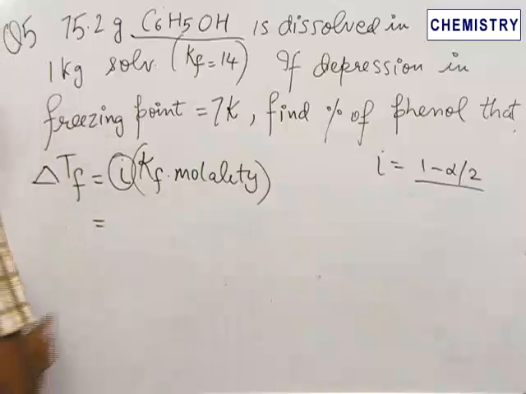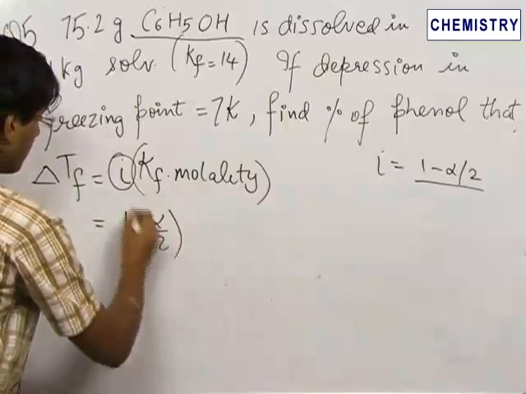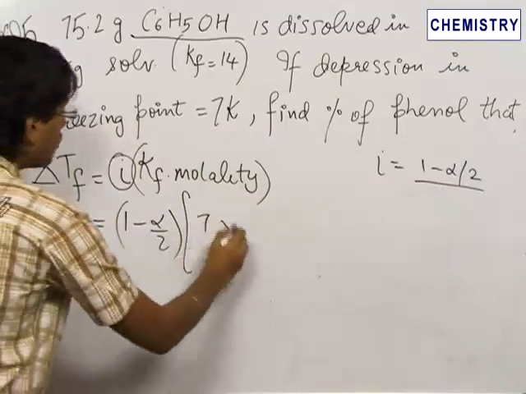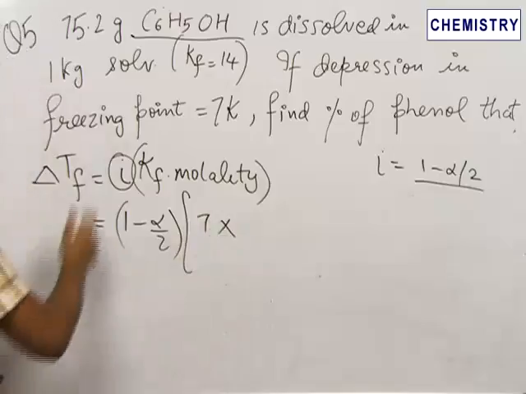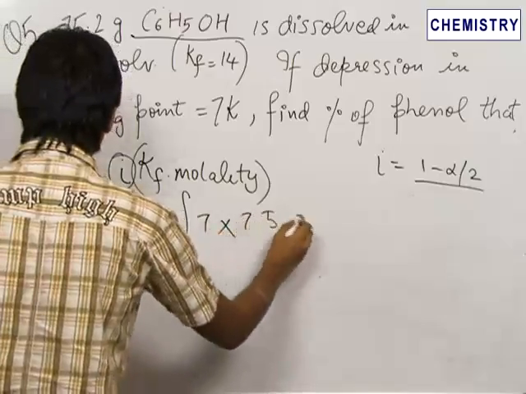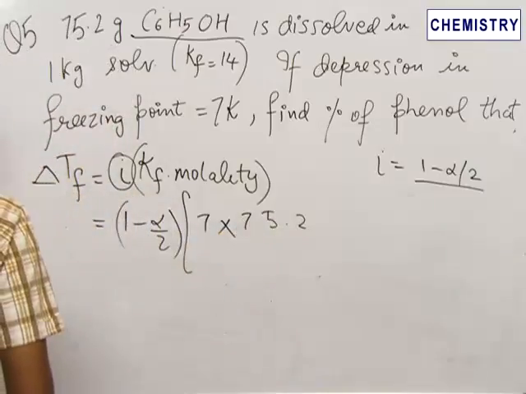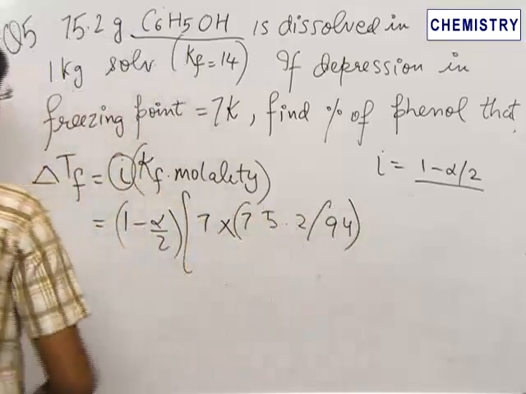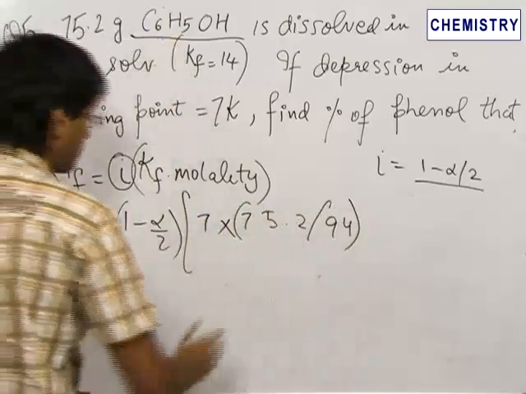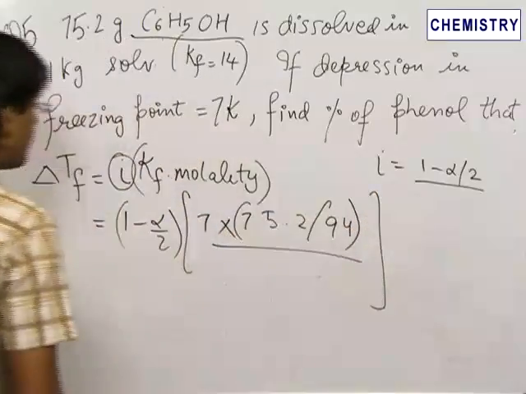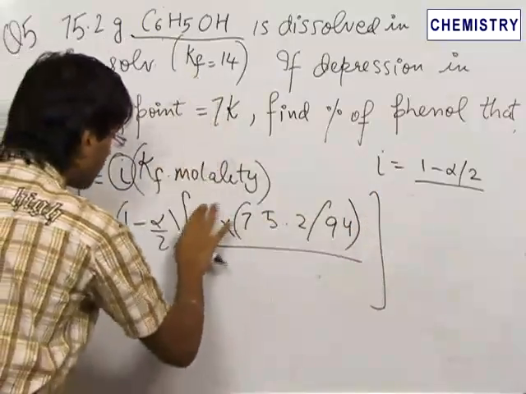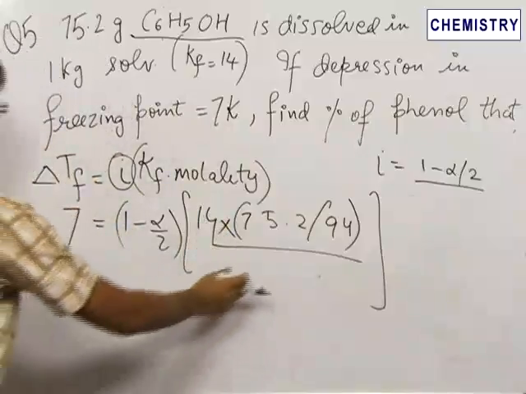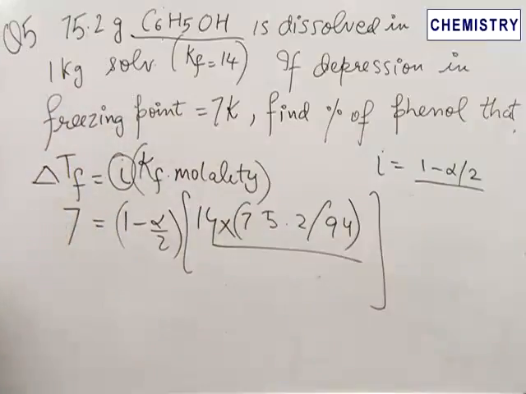This I is 1 minus alpha by 2, into Kf, which is given to be equal to 14, into molality, which is equal to moles of solute, 75.2, which is the weight given, divided by 94, which is the molecular mass of this, divided by the weight of solvent in kilograms.